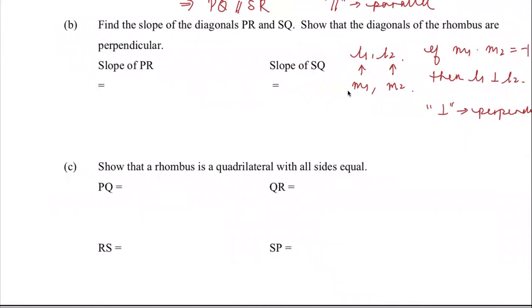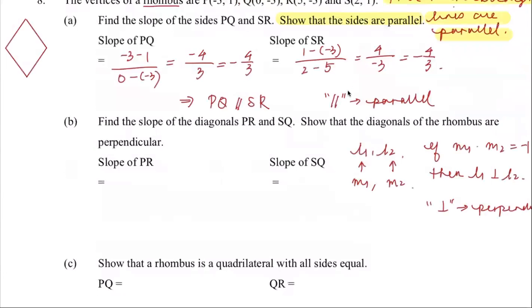We find the slope of PR and we find the slope of SQ. If the slope of PR times the slope of SQ is equal to minus 1, then we can show that these two straight lines or these two line segments are perpendicular.